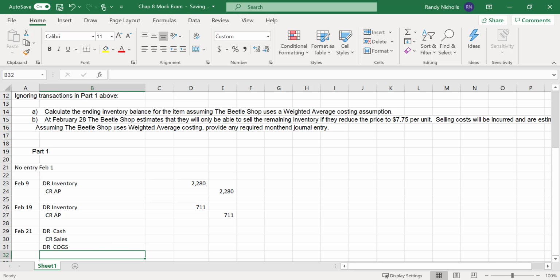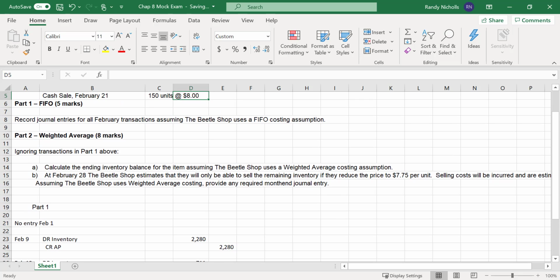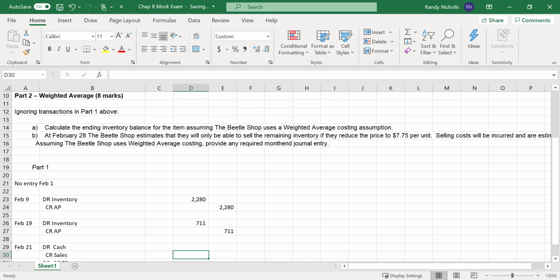COGS is an acceptable abbreviation. It's very common. And I've got a credit to my inventory. And my sales were 150 at 8.